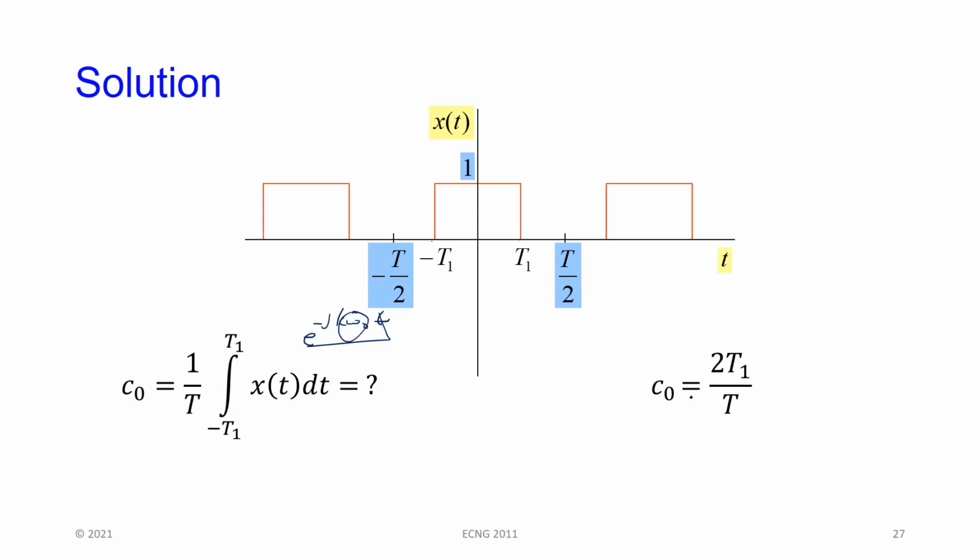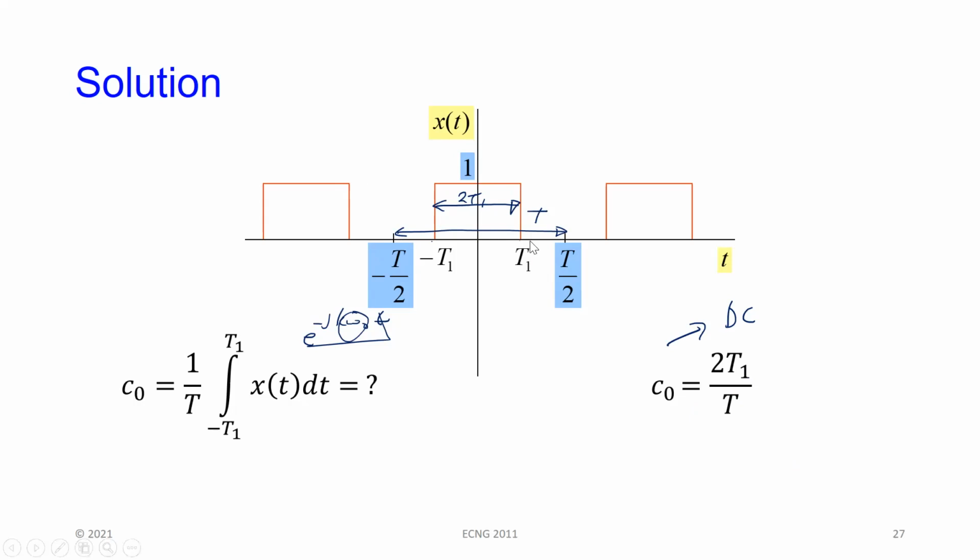Okay, if you do that, you get that C0 is 2t1 over T. Remember, this is the DC component here. So 2t1, which is this length here, and this is T here. So C0, which is the DC component, is simply 2t1 over T.